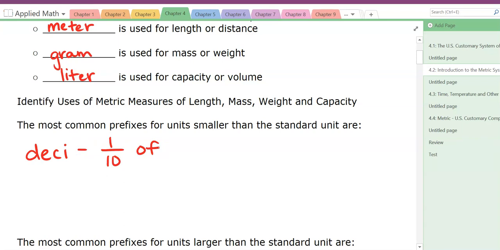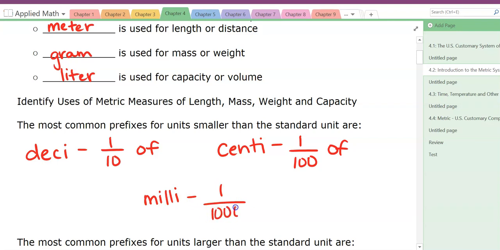So a decimeter would be 1/10 of a meter. The next one would be centi. Centi would be 1/100 of. So a centimeter would be 1/100 of 1 meter. And then the last one is milli, like millimeter or milligram, and that would be 1/1000 of.